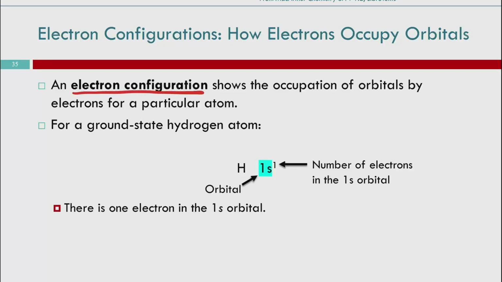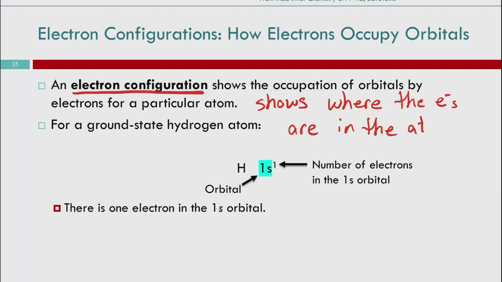Our electron configuration shows where the electrons are in the atom, with their energy level designations and what shape they're in.